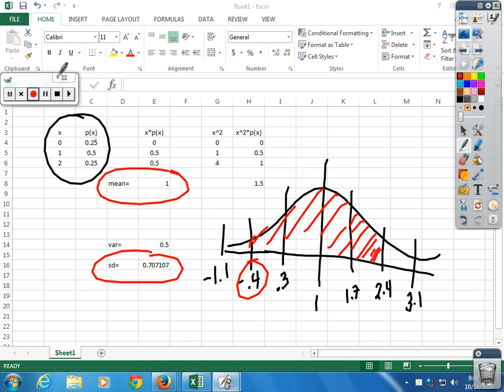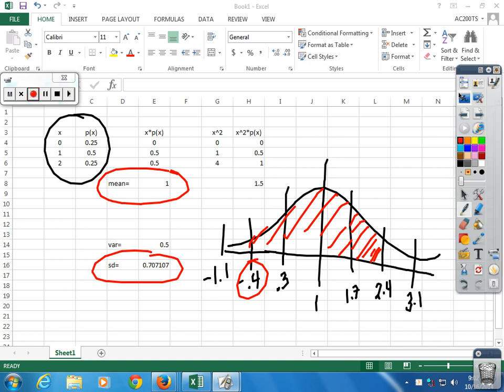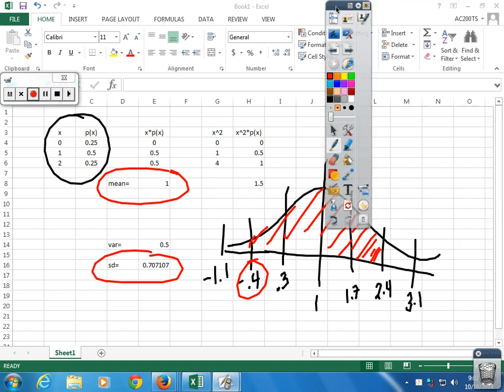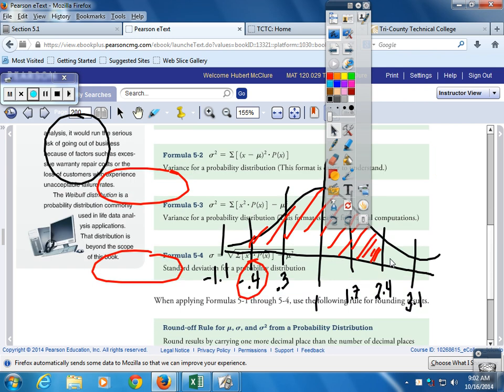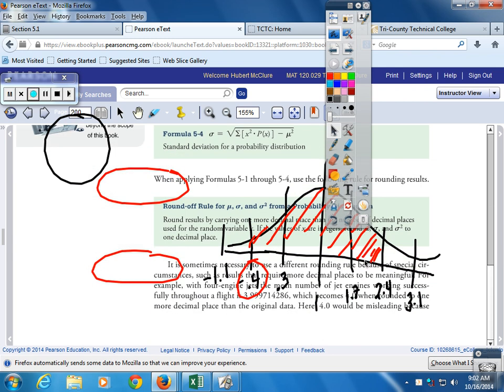So let's do some. Let me get out of this. Let's find one that they give us in the homework.